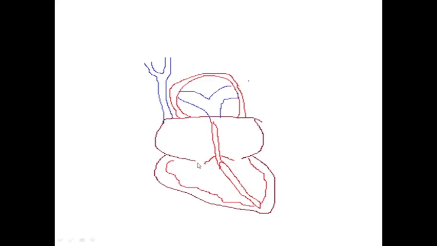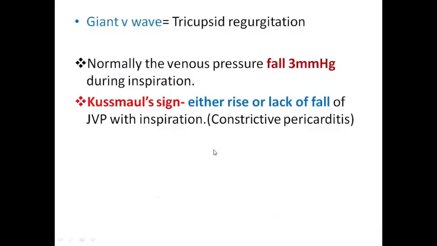If there is a problem in the valve and blood from the ventricle during ventricular systole comes to the right atrium, in tricuspid regurgitation, we see that the giant V wave is produced. So all these pathological conditions.